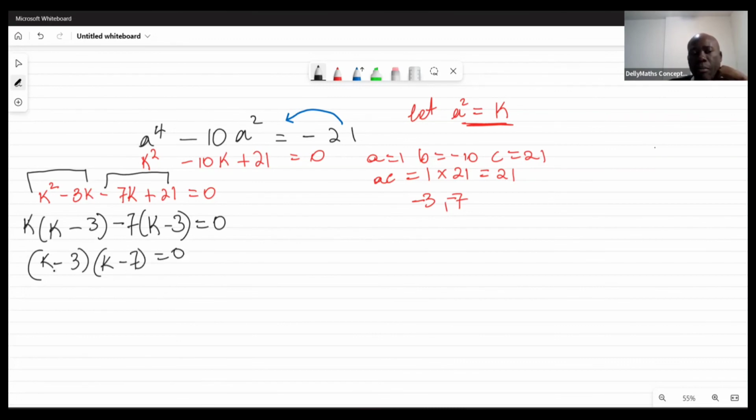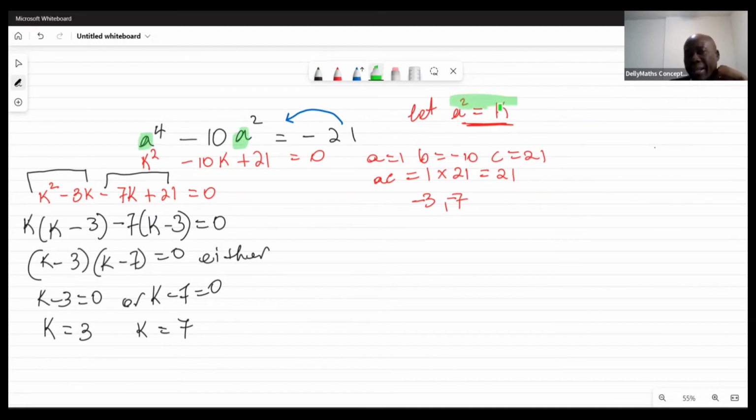At this time, remember, I need to solve for k. So either k minus 3 would give us 0, or k minus 7 is equal to 0. From here, k is equal to 3, and k is equal to 7. Now, remember that originally there was no k in the situation. We had a. We were the ones that said let a squared equal k.